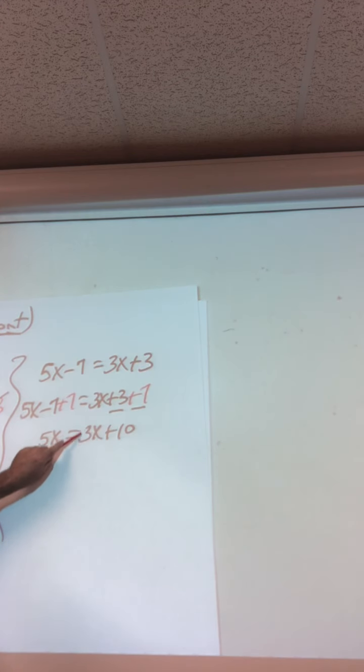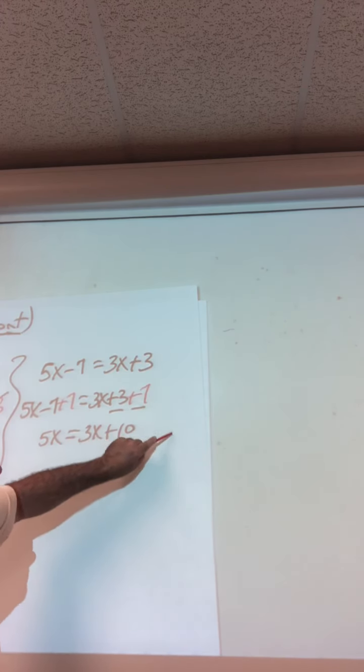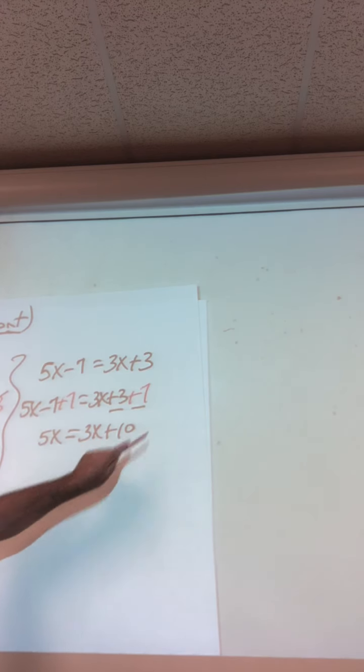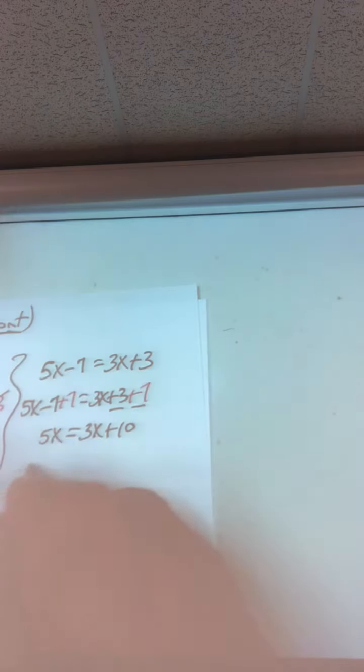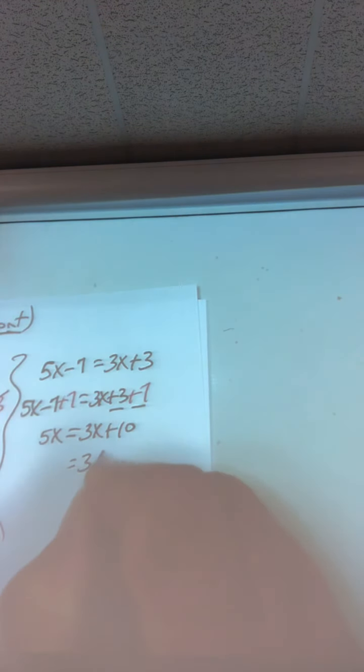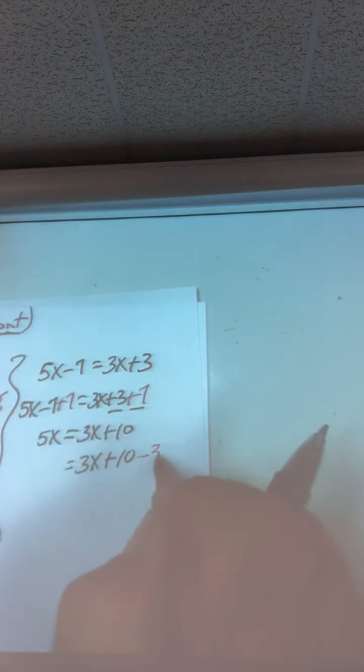So what I'm going to do to get rid of it, I've got to make it add out to 0. So this is a plus 3x, so I'm going to minus 3x on this right side. But if I do that on the right, I have to do it on the left. So I'd have 3x plus 10 minus 3x.